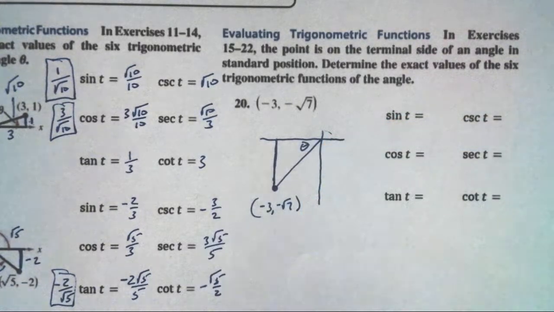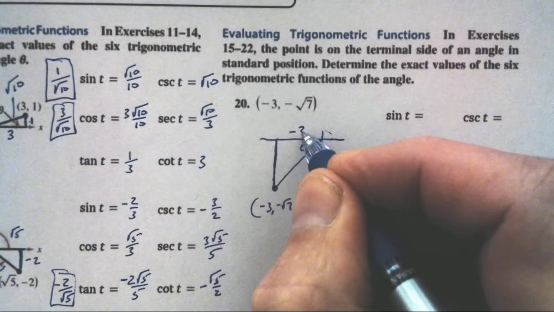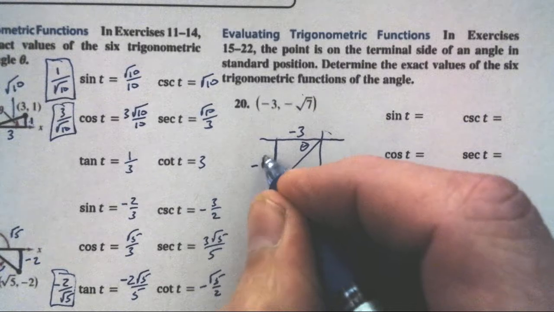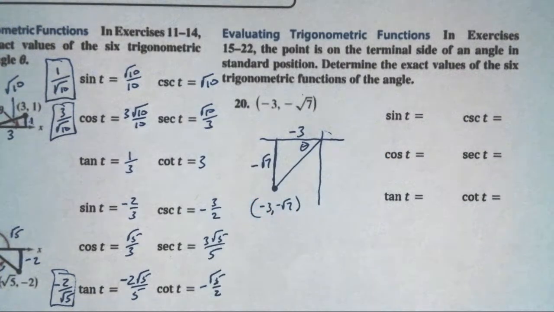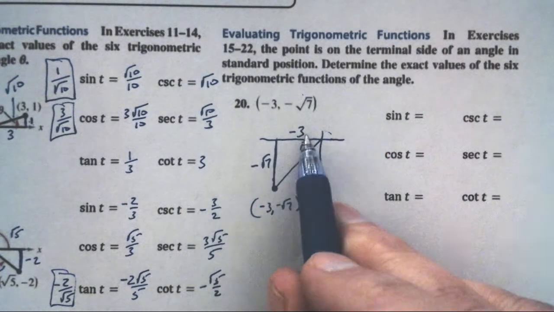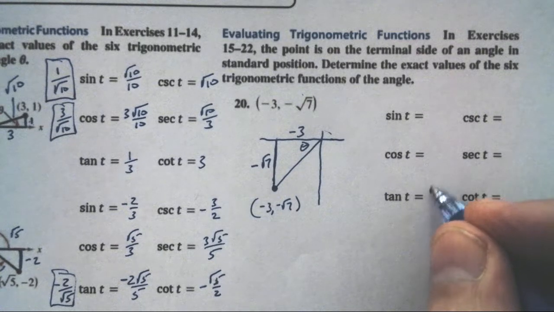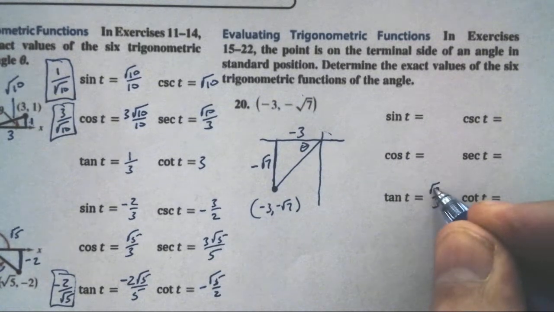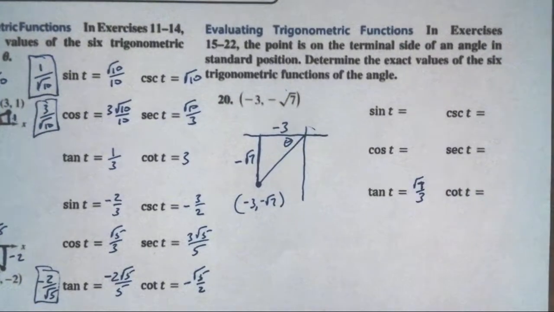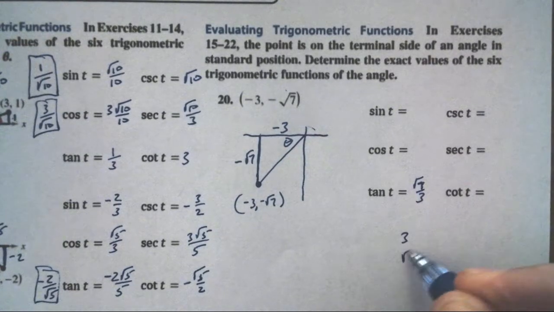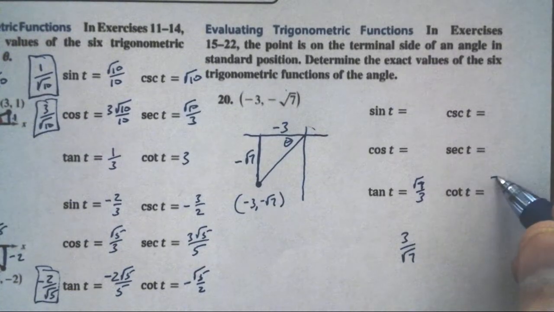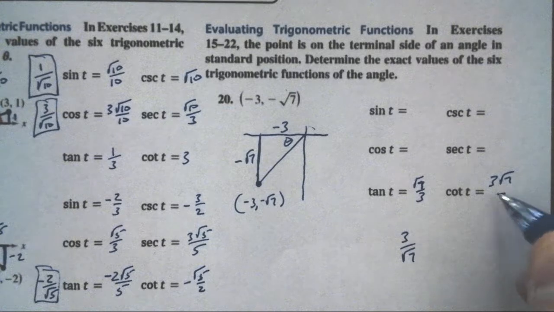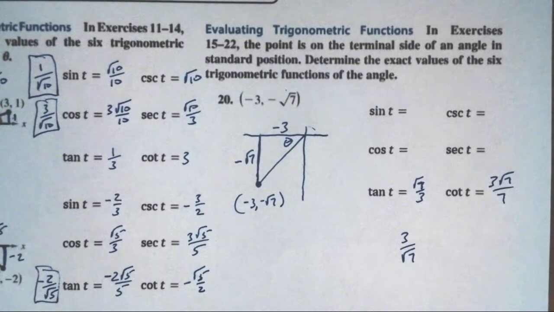Here's the reference angle. This distance is 3 to the left, down square root of 7, tangent y on x, the negatives cancel, square root of 7 on 3, cotangent wants to be 3 on square root of 7, but we clean it up, 3 times square root of 7 on 7 by rationalizing, as you can see.